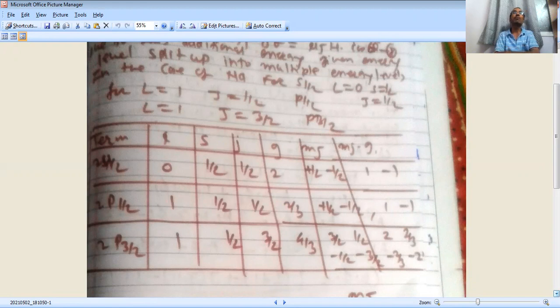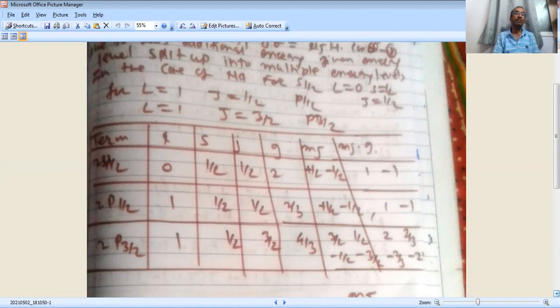Because for L equal to 0, 1, 2, 3, the names of subshells are S, P, D, F. According to these spectral notations, our terms are changing. See below, for L equal to 1, 2P 1 half. Again for L equal to 1, 2P 3 by 2. The only value which changes is that of J. That's why P 3 by 2 and P 1 half are the two excited levels.